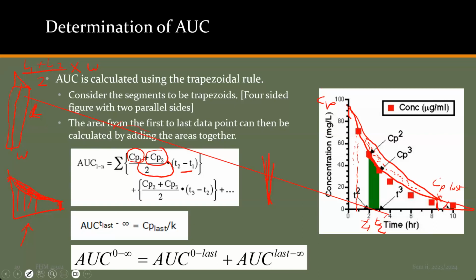How to calculate this remaining triangle till infinity? Okay. The area of that remaining triangle till infinity is equal to CP last divided by K.